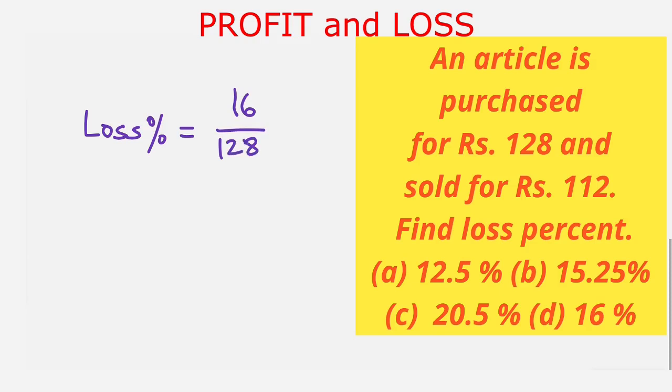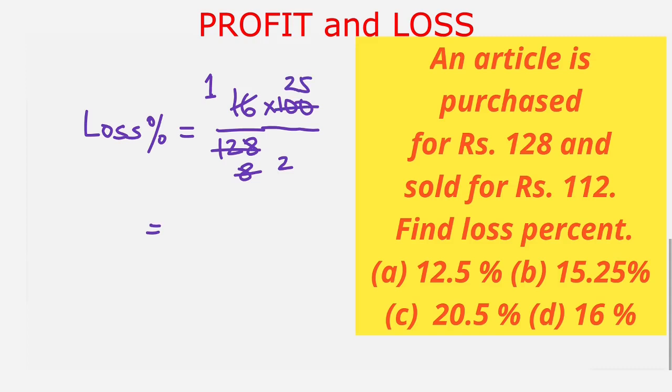So this is 16 divided by 128 multiplied by 100. This is our formula for loss. 16 divides 128 for 8 times and 4 divides 8 for 2 times and 100 for 25 times.